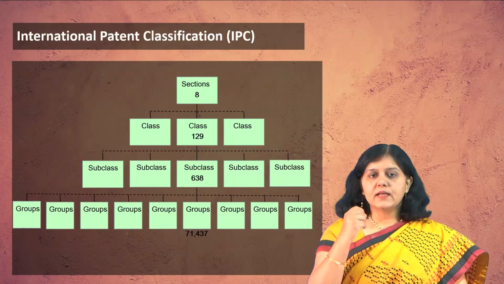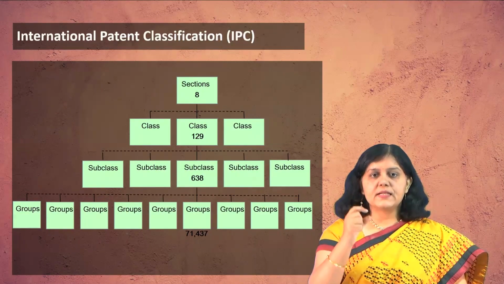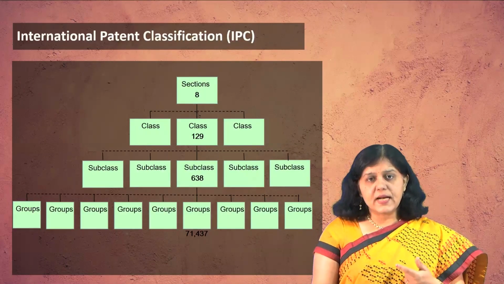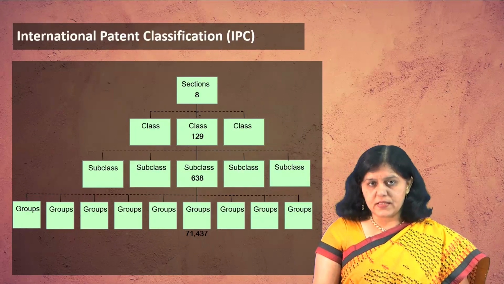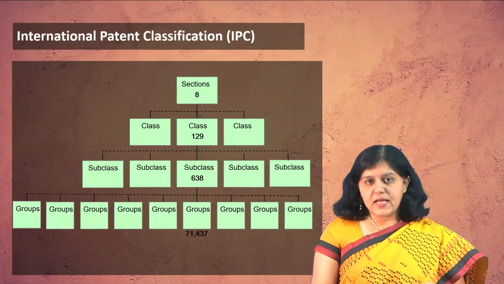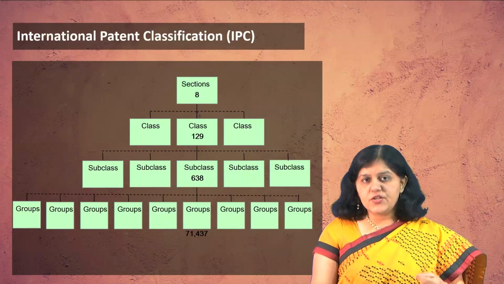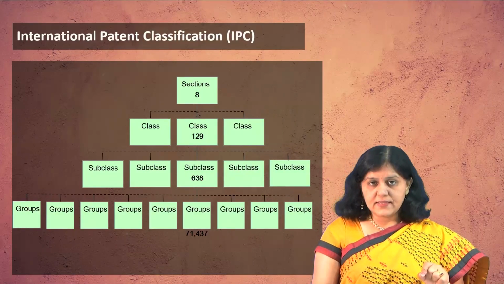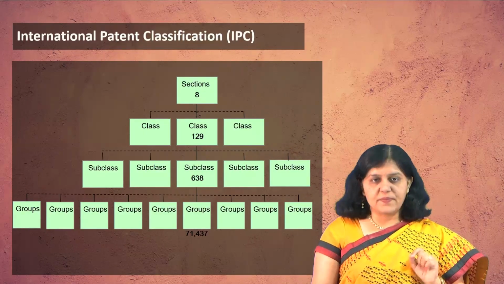The subclass titles indicate as precisely as possible the content of the subclass. If we take an example, H01S: H is the section, 01 is the class, and S is the subclass.